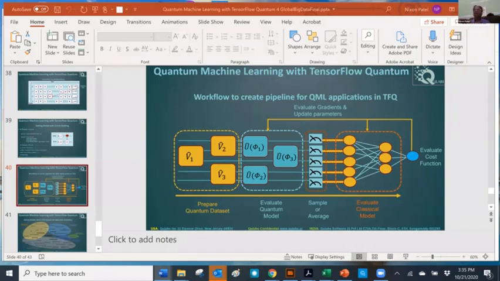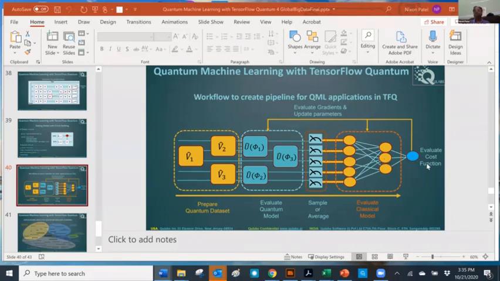So here, looking at the hybrid, there's a discriminative kind of hybrid model, typical to a machine learning environment, with interaction of different parts. So you prepare the quantum dataset, and then you apply some parameters, evaluate the quantum model, then you do measurements, so you get classical data, and then you pump that data into your classical neural network, right?